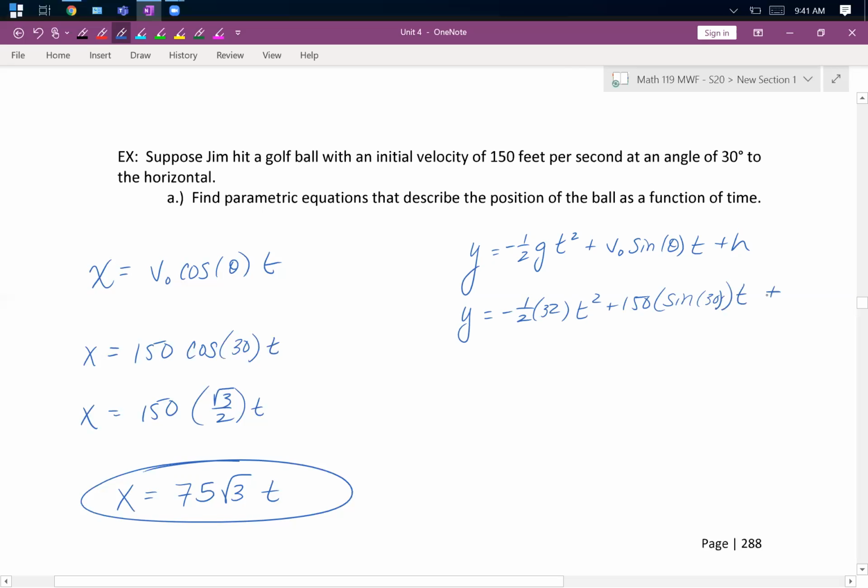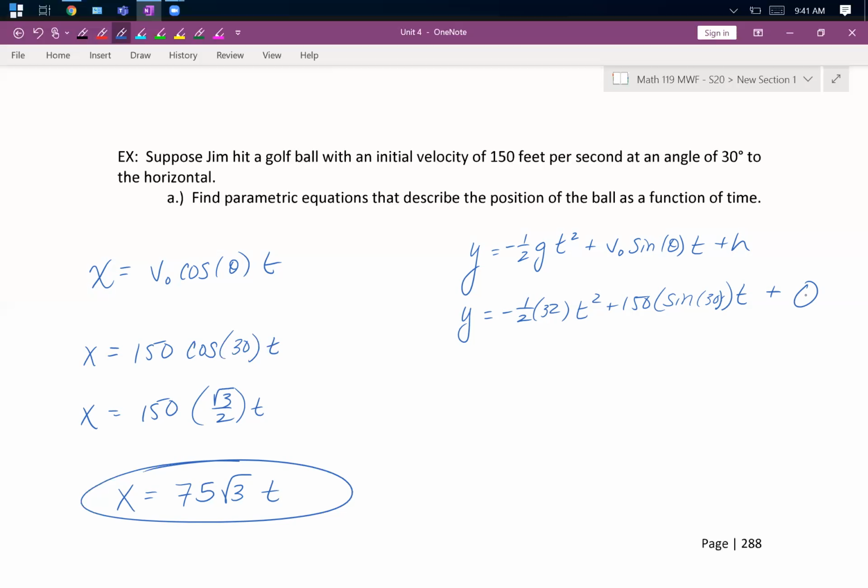And then what's our h? H is the height off the ground. Where's a golf ball usually at? Usually on the ground when we hit it. So the height here is going to be 0.